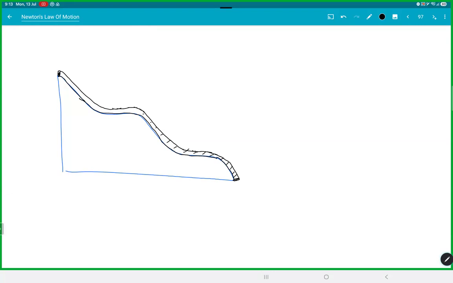So you have some weird random curved surface. And let's say this is smooth. This height is h and this base is L.